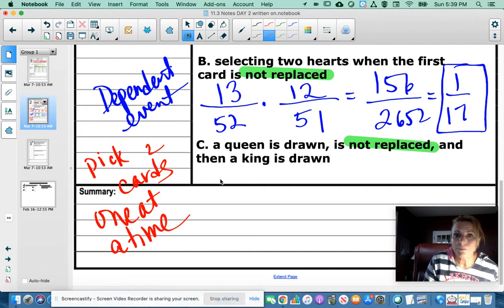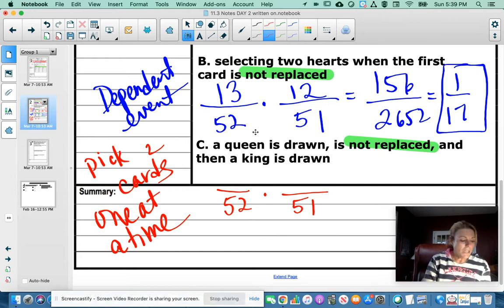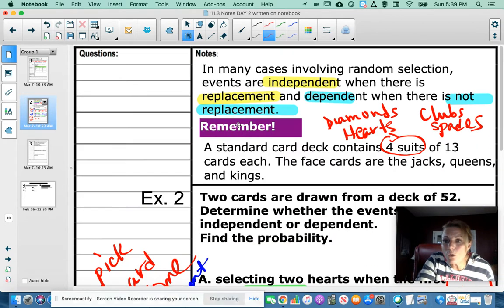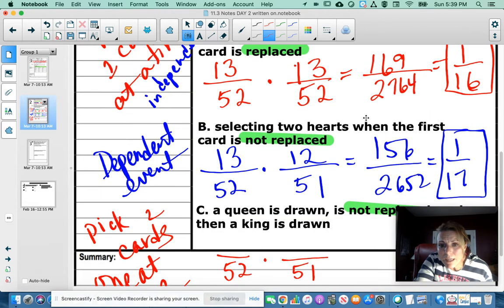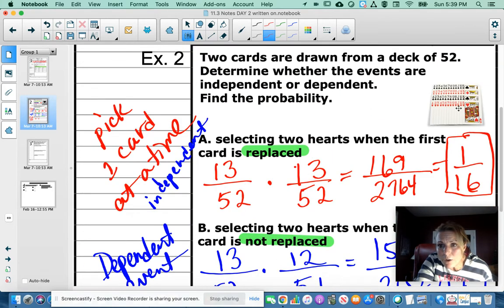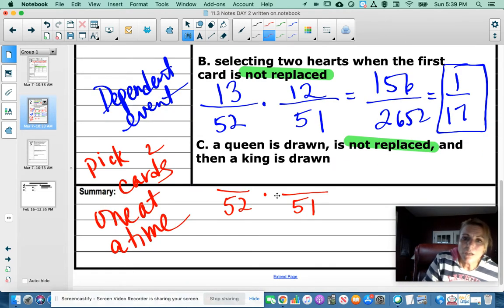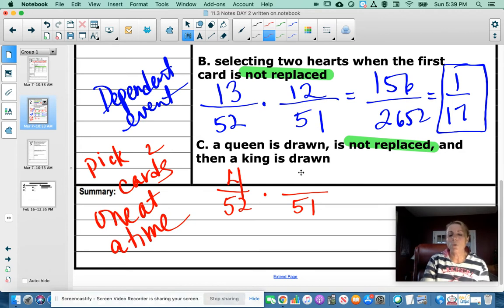There are 52 cards, goes down to 51. How many queens are there in a deck of cards? Well, if we scroll up and we look at our little picture here, how many queens? There are 1, 2, 3, 4. There are 4 queens. So I have a 4 out of 52 chance of picking a queen.